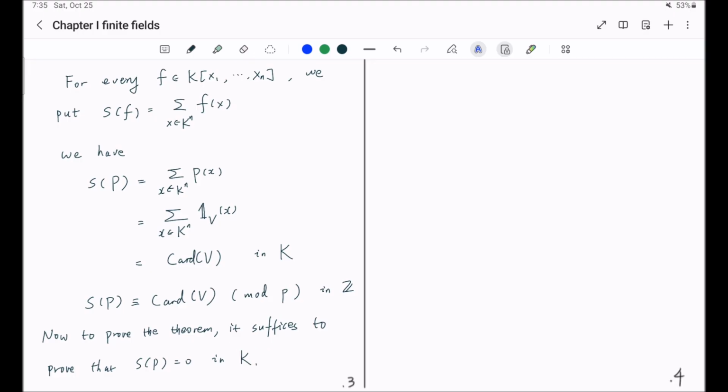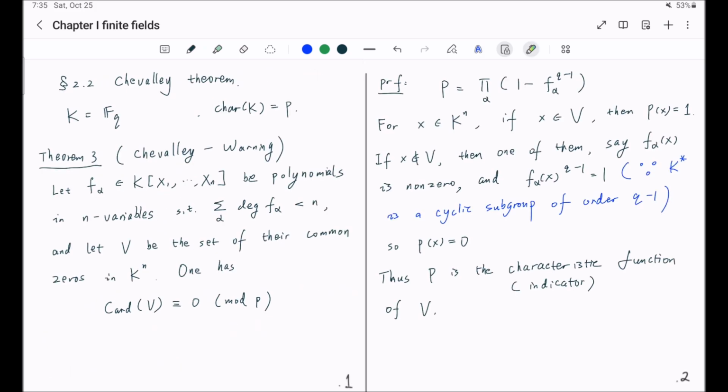Okay, now let's go back to the statement of the theorem. We realize that we have not used the hypothesis that the sum of the degrees of f alphas is less than n. And now we will use this hypothesis.